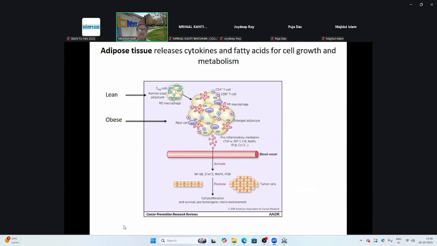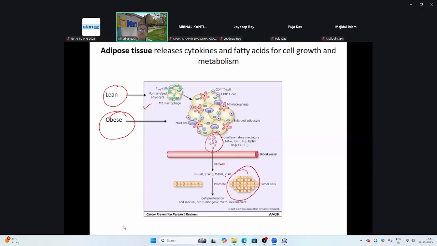So again, if the adipose tissue, if the cells are lean, all right, then they have one kind of role, and if they are obese, then they have another kind of role. So if they're obese, then they will invite other cells, and they will secrete all kinds of stuff in order to activate cell proliferation.